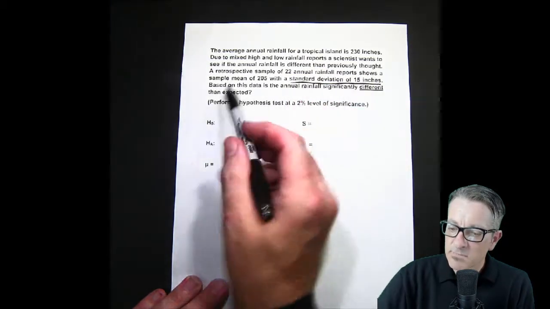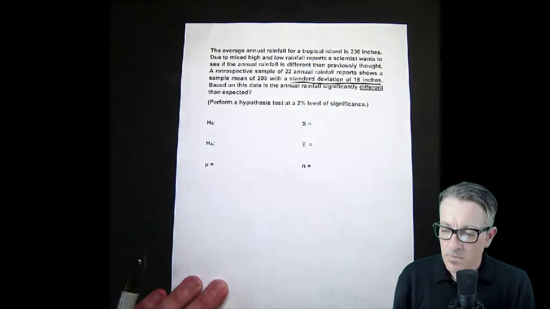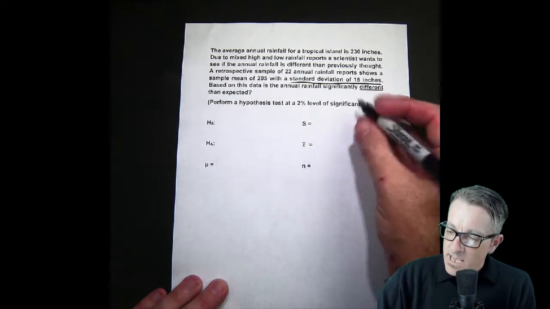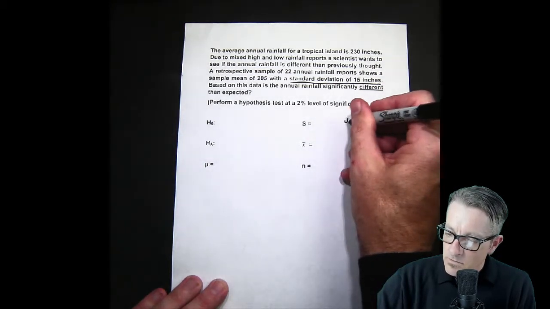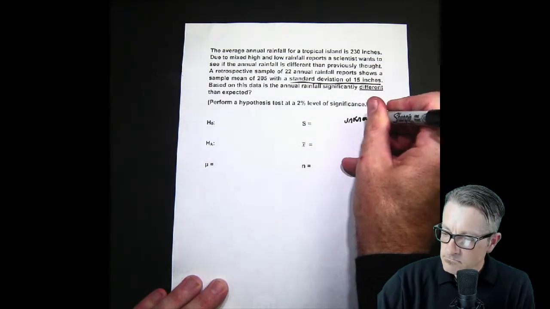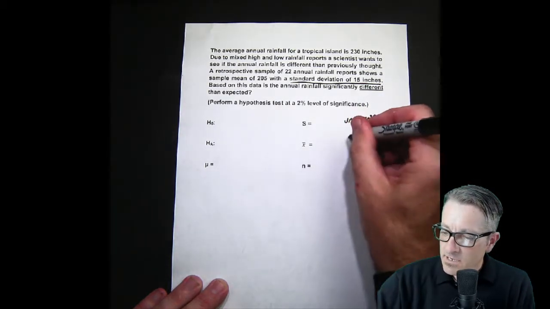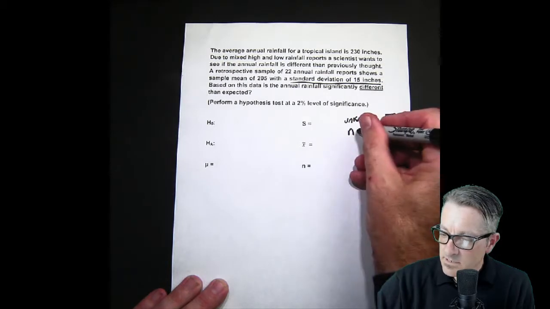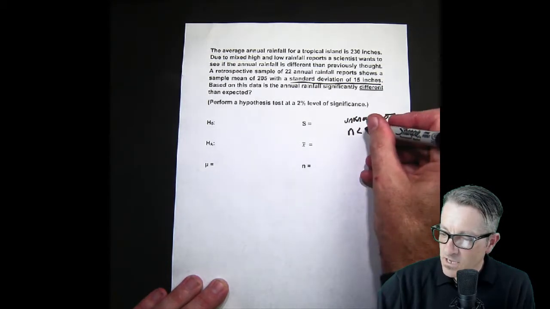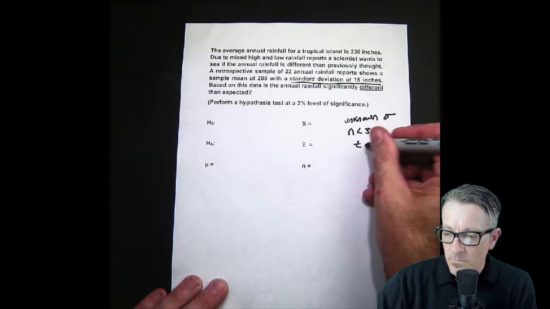It's connected in the same sentence as the sample mean. So we have unknown sigma, and n is less than 30. So we're going to use the t-distribution.